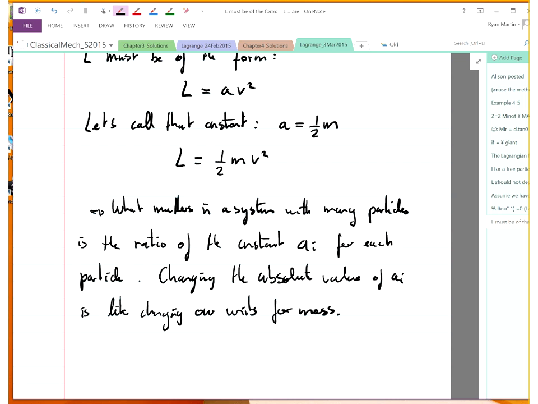What will matter ultimately is the ratio of the constants that is attributed to each particle. So the description of the particles will only depend on the ratio of the masses of the particles amongst each other, not on the absolute value of the masses. Just think of that statement as saying we have a bunch of particles. It doesn't matter if I measure their mass in kilograms or grams or stones. It's only the ratios that matter. So that's ultimately the physical conclusion that we arrived at.